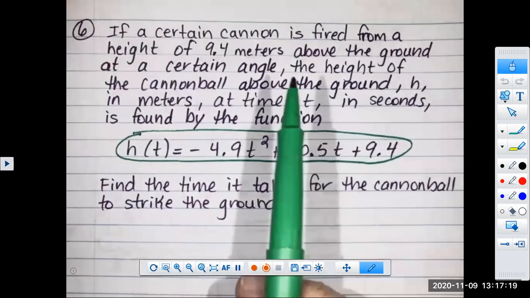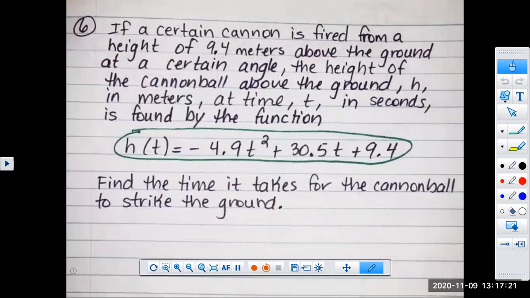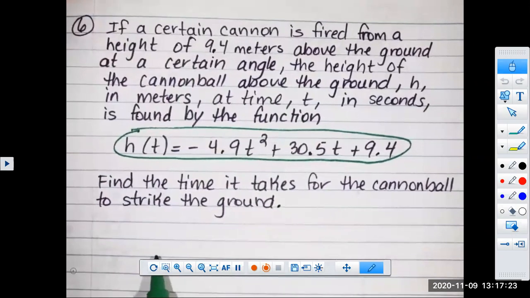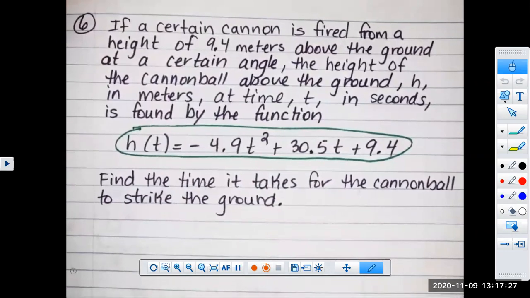It says if a certain cannon is fired from a height of 9.4 meters above the ground. So what that's going to look like, you've got this cannonball being fired, and it's already a distance, and you don't have to write this down, of 9.4 meters.